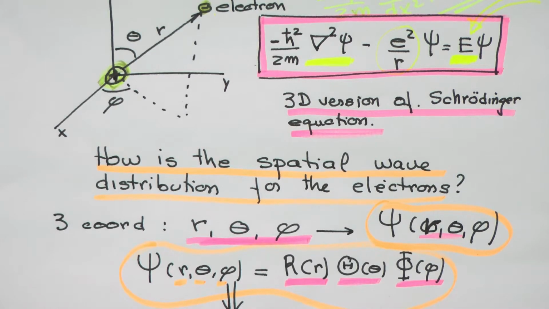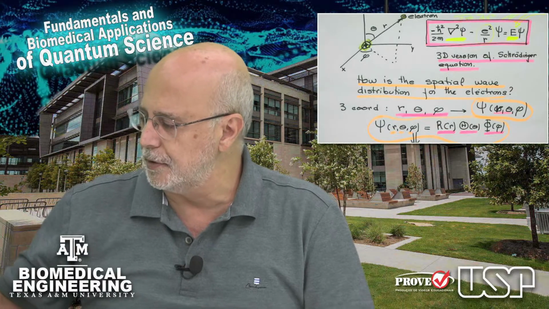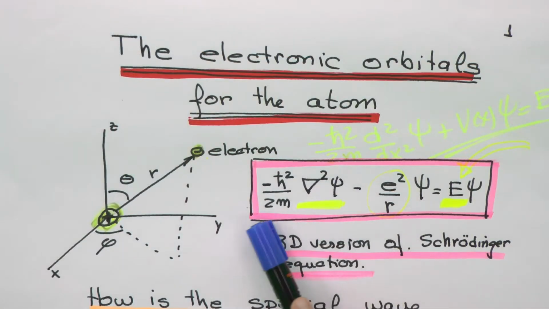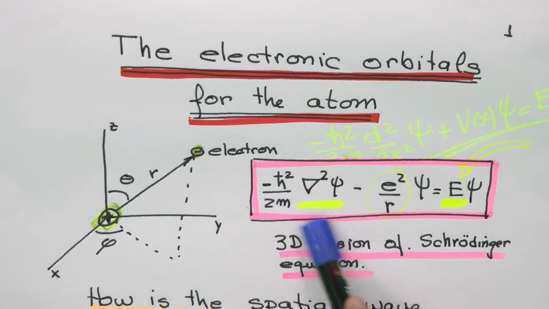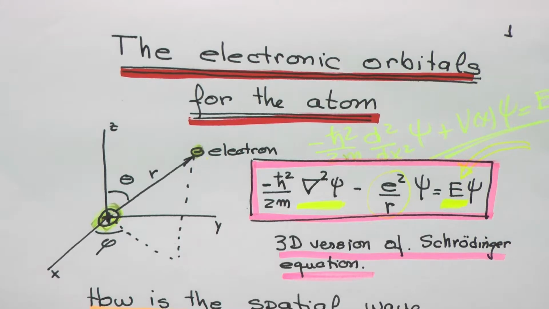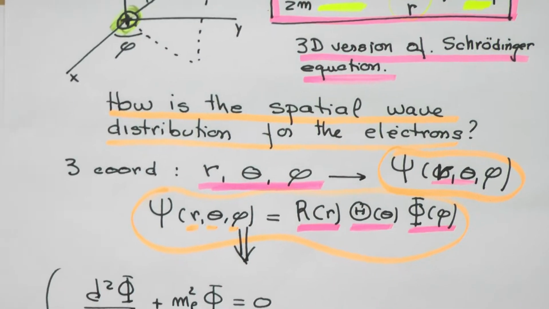So what we have to do now at this stage is substitute in the Laplacian, put all the dependence on the angles and the variation with the angles of the wave function, and substitute the wave function by this product.